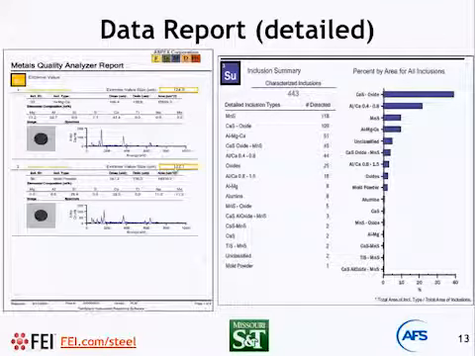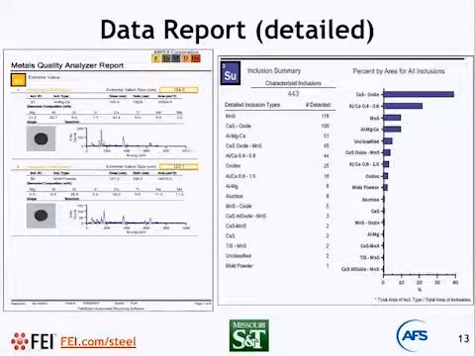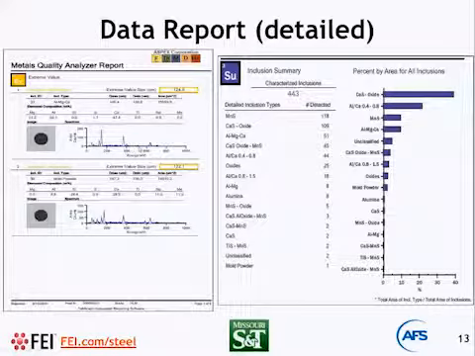It will show you a snapshot of each inclusion for its image, spectrum, composition, and the size, the Dmax, Dmin, and area, and what kind of classification it belongs to.